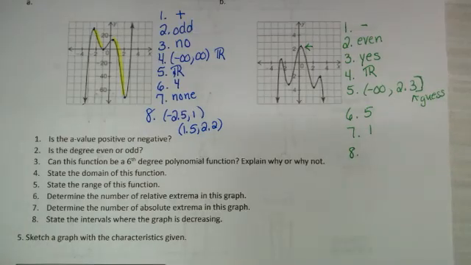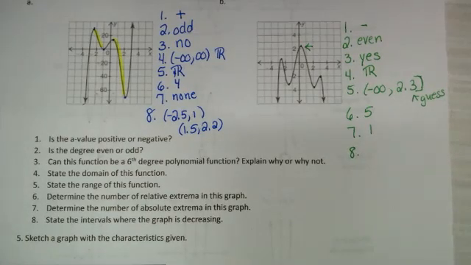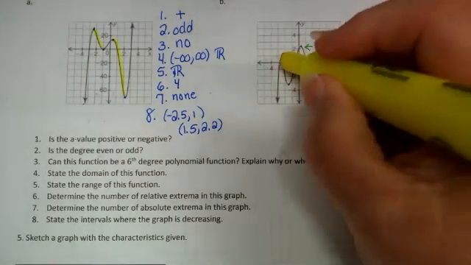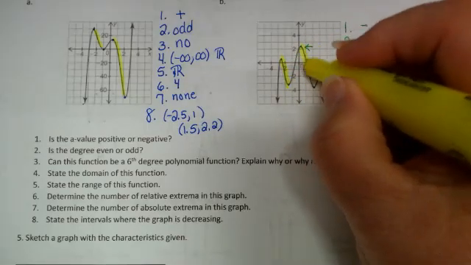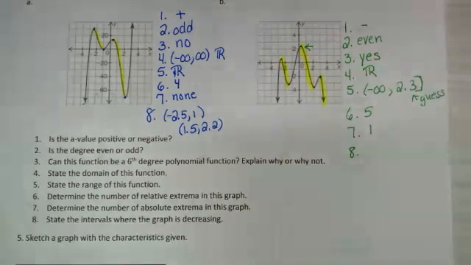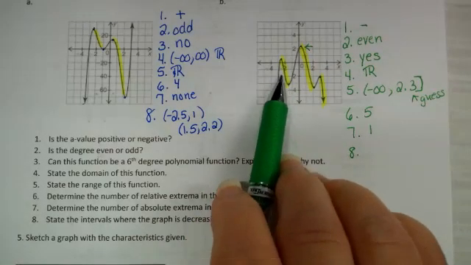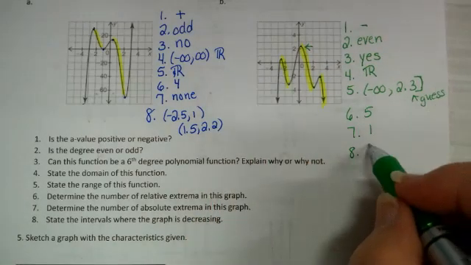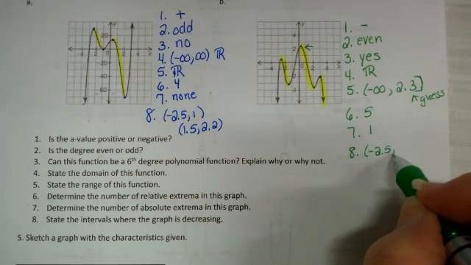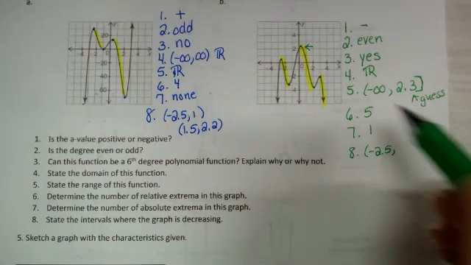State the intervals where the graph is decreasing. So we're going to have to say decreasing is here, here, and here. So we're going to have to estimate some numbers from, let's say, negative 2.5 until negative 1.5.